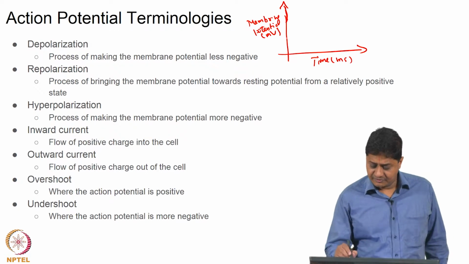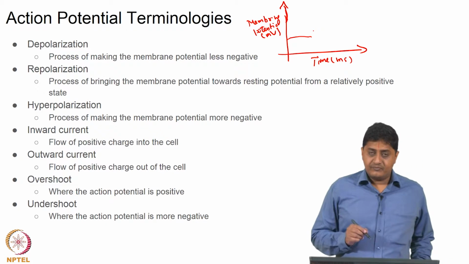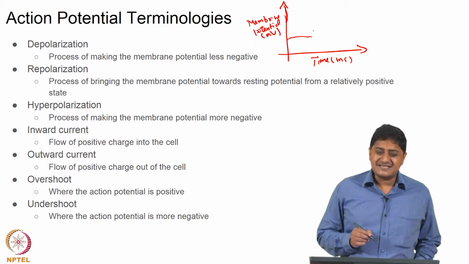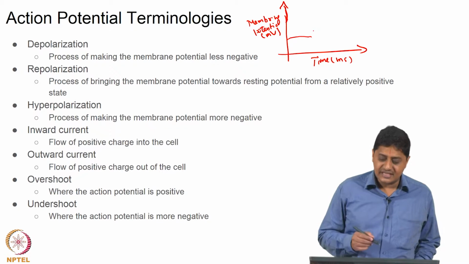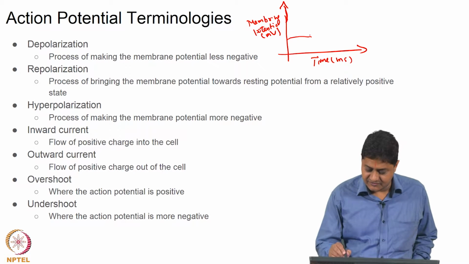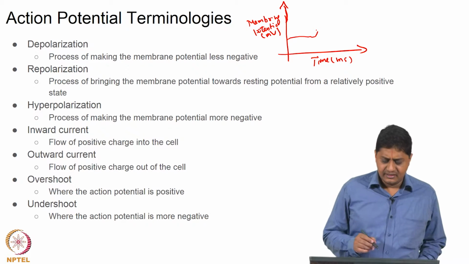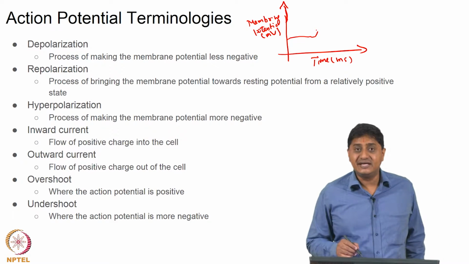Suppose the membrane is at rest, and so that is the value that you are having, and suppose the membrane becomes slightly less negative. Less negative means what? Slightly more positive, is it not? If it goes like that, slightly, then that is called depolarization.